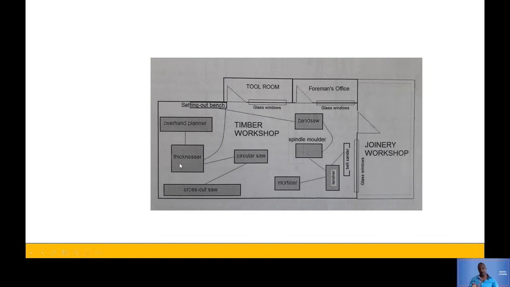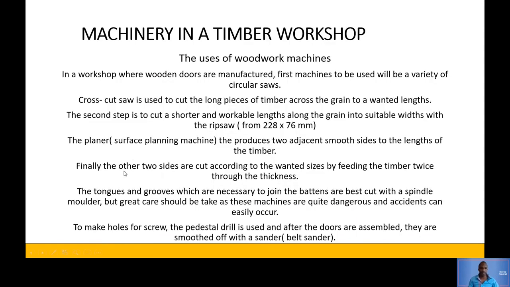Now you have cut the door along the diagonal and along its long section. Now you need to deal with how thick the door is. So that's the thicknesser we're talking about there. You use a thicknesser to cut it along that section to make sure it's the right thickness.